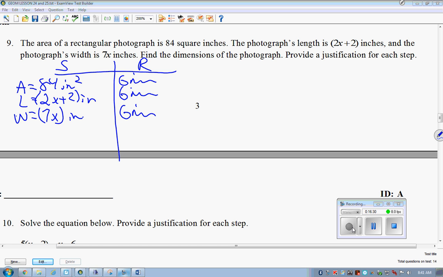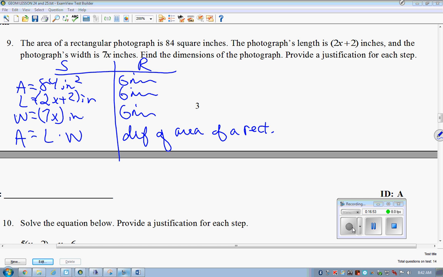Okay, we could probably go ahead and set up a formula. Area equals length times width, correct? I'm going to say definition of area of a rectangle.